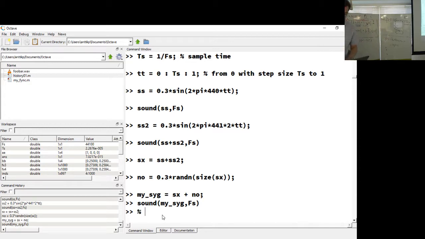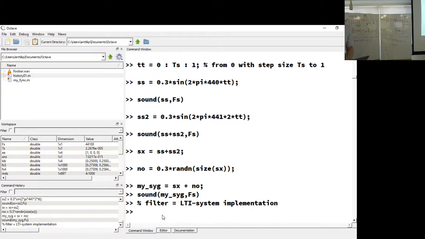Filter equals LTI system implementation. And how to use the filter? Well, take a look at the documentation. I will just use it. So filtered my signal is filter, then we have the system coefficients.